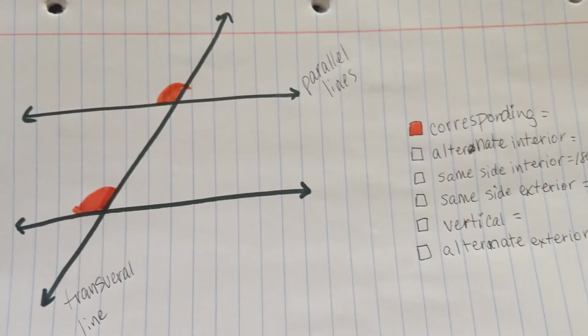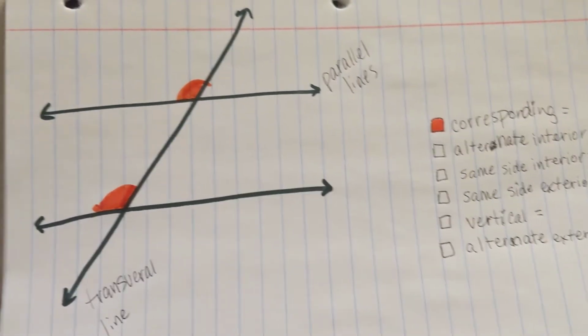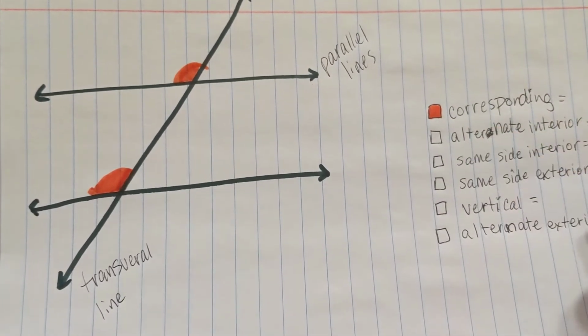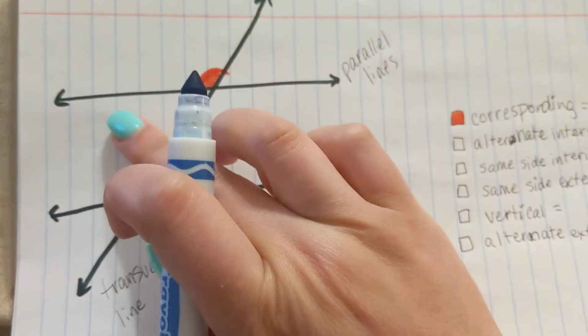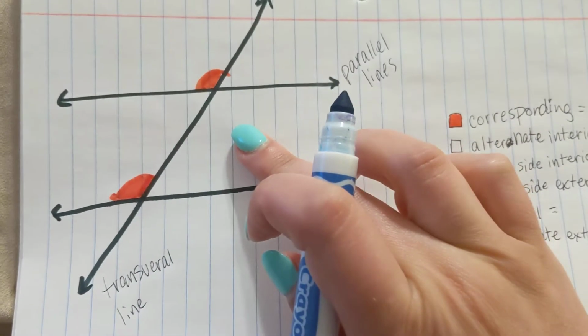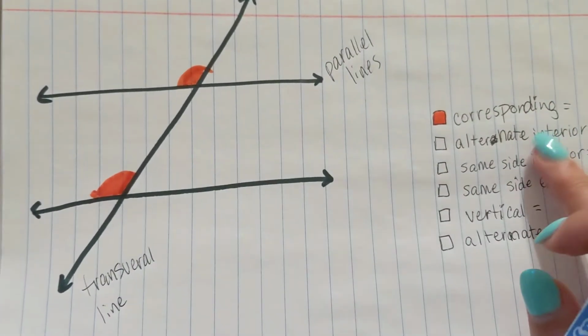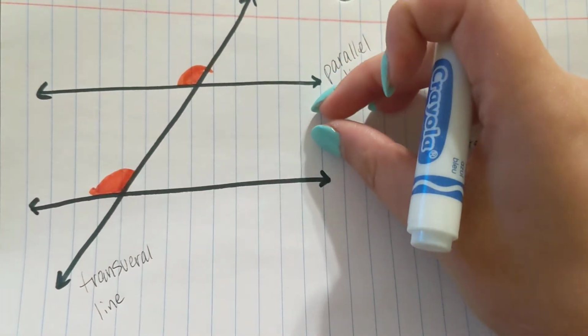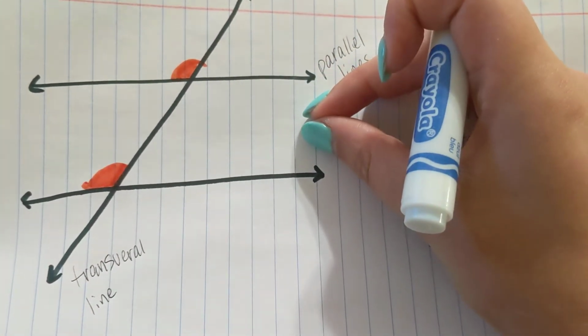Okay. So next, we're going to look at alternate interior. If you know what alternate means, it means it's going to be on both sides, right? So we know it's going to be on one side of the transversal line and on the other side of the transversal line. So the next keyword here is interior. Interior tells you that it's going to be inside. It's interior to the parallel lines.